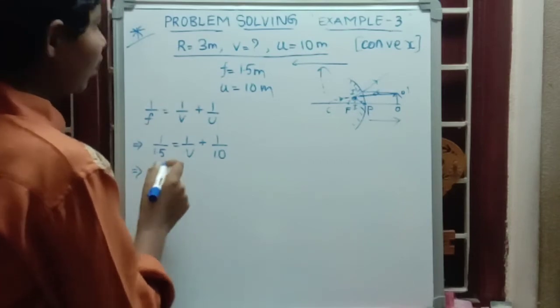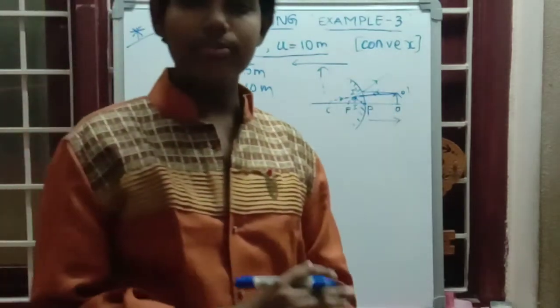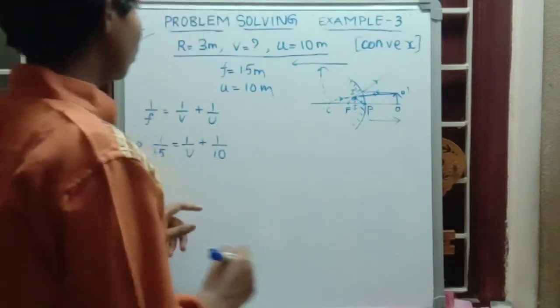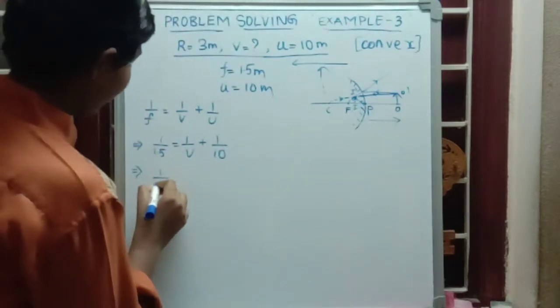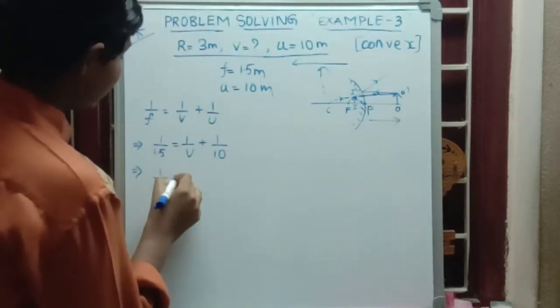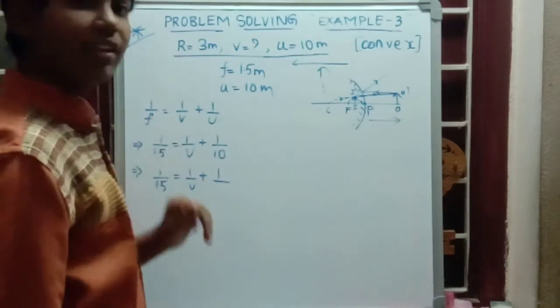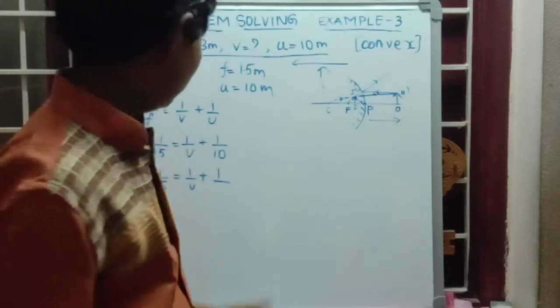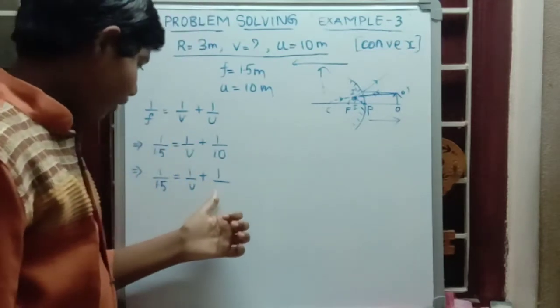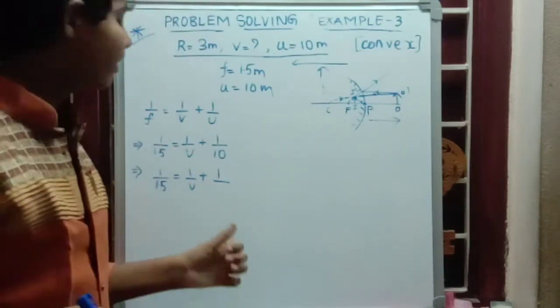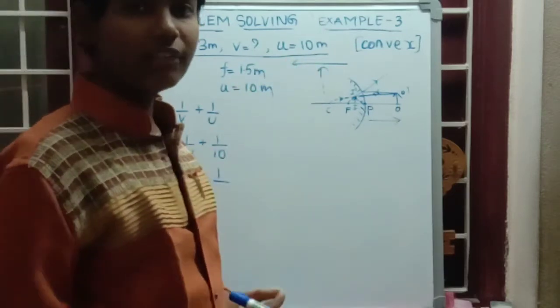Convex mirror focal length is always positive, concave is negative. For V we are finding, no need of sign convention now. After finding the answer, the sign convention will come. V is positive with sign convention.